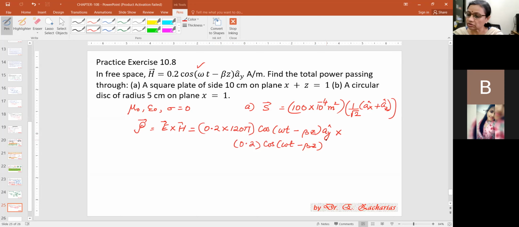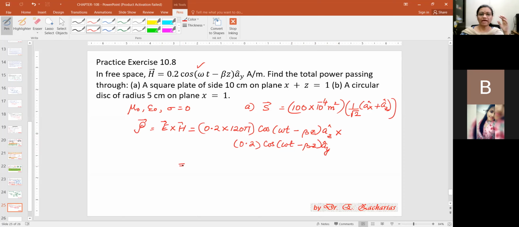So of course E cross H, and one of them is going to be a_z and this is going to be a_y as given there.